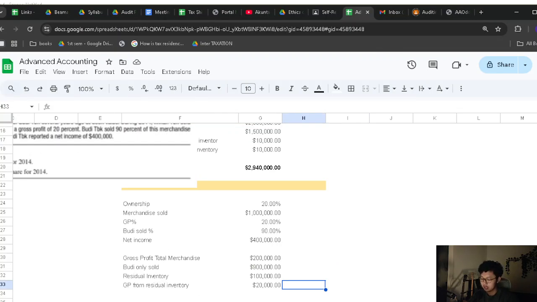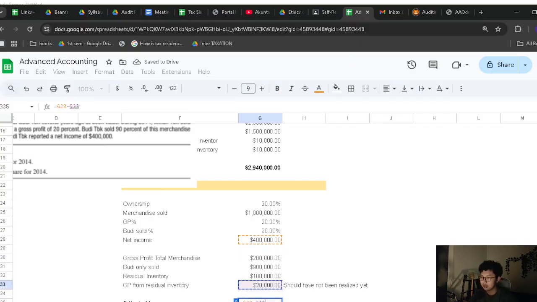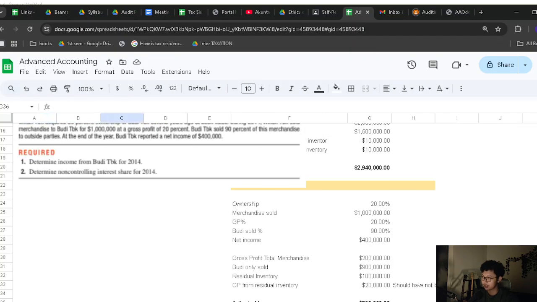So this is unrealized. And so what we need to do with this is adjust the income by simply deducting this from the 400. And so that's how you work on the first question.